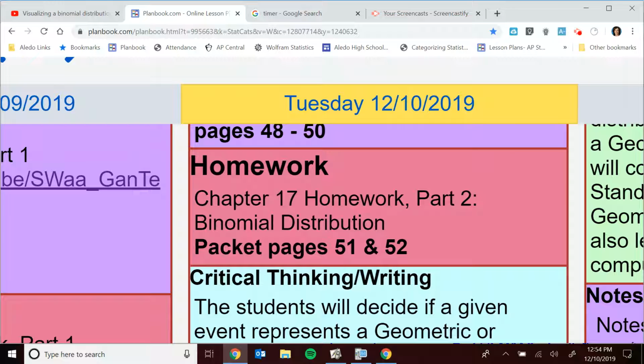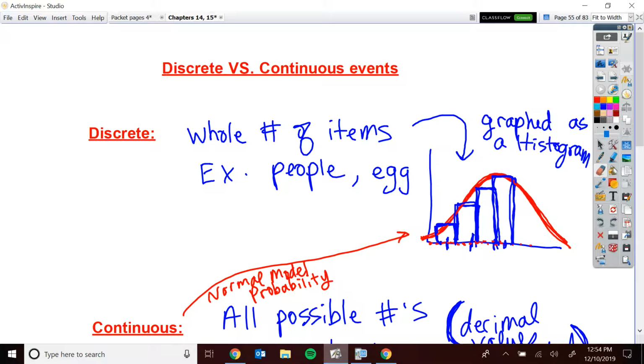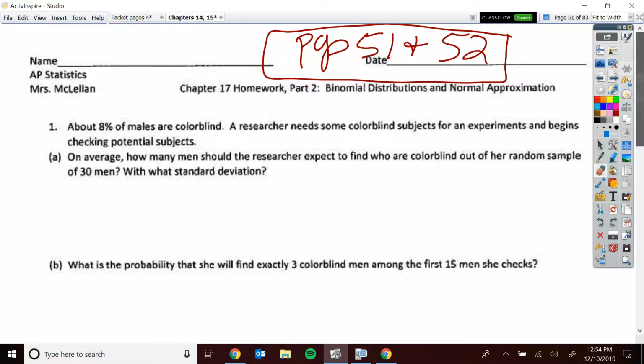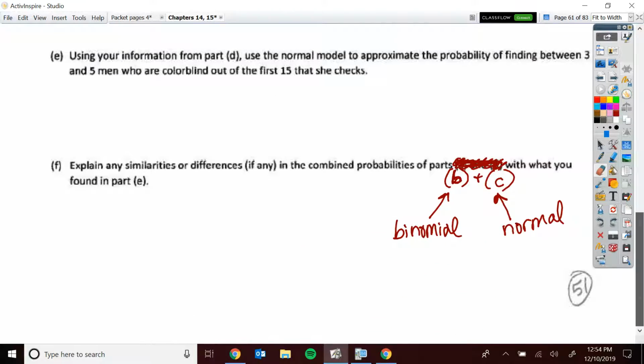There is one little small correction I want to make on a typo on the first page, and I'll tell you that at the end of the video. Well, actually, let's go ahead and fix that now. Turn to page 51 real quick, please. The typo is at the very bottom of the page.